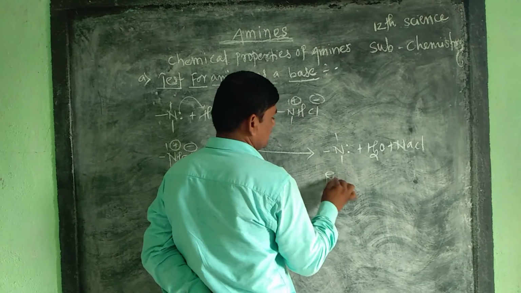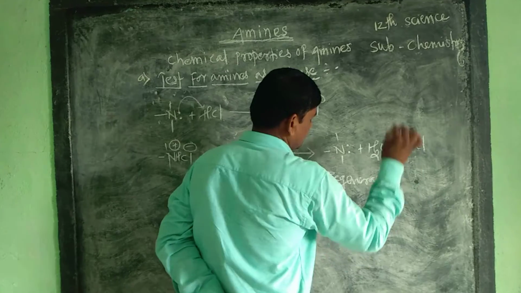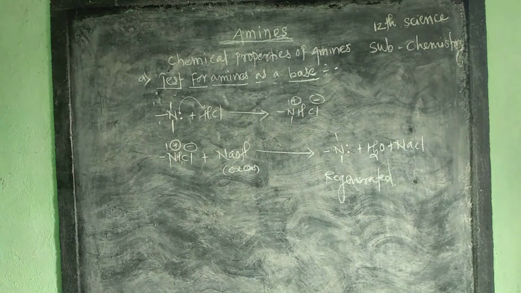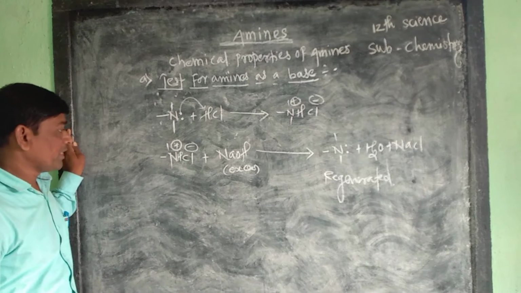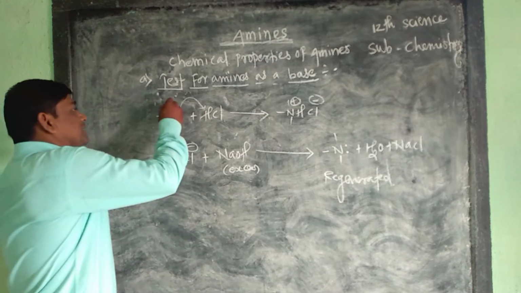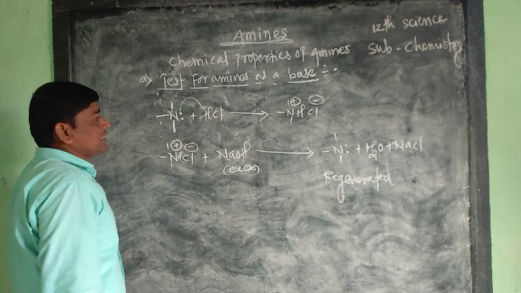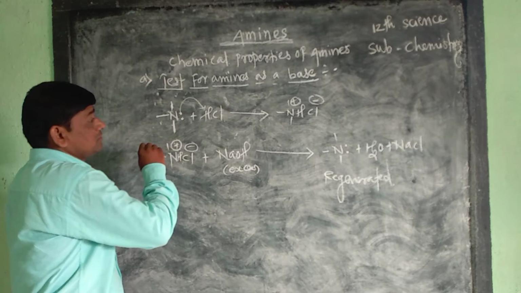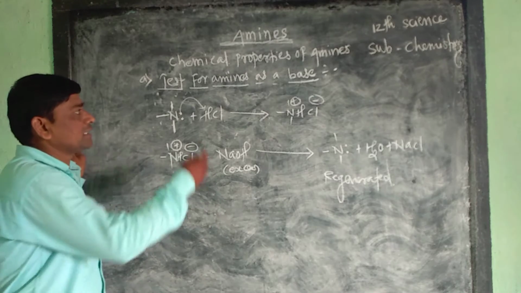It is regenerated again, which means amines are basic in nature. According to the Lowry-Bronsted theory or the Lewis theory, amines are basic in nature. Correct? These are the tests.